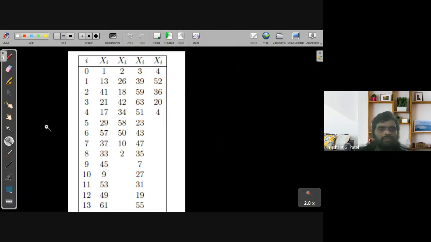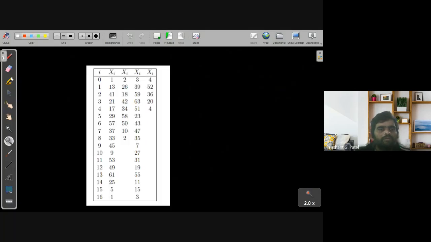You can observe that this is for x equal to 1, this is for x equal to 2, this is for x equal to 3, and this is for 4. For x equal to 1, the period is 16.